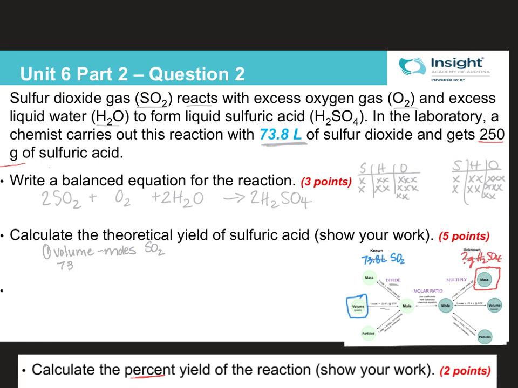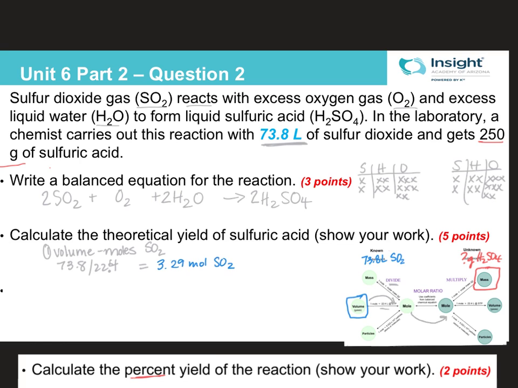So 73.8 divided by 22.4 is going to be equal to 3.29 moles of SO2. All right, so I have done that.